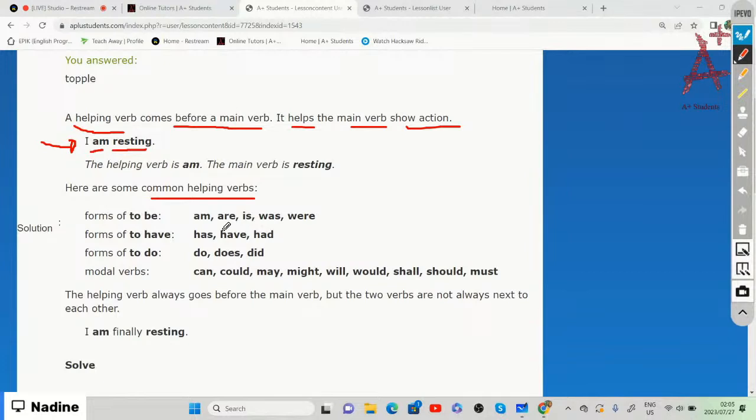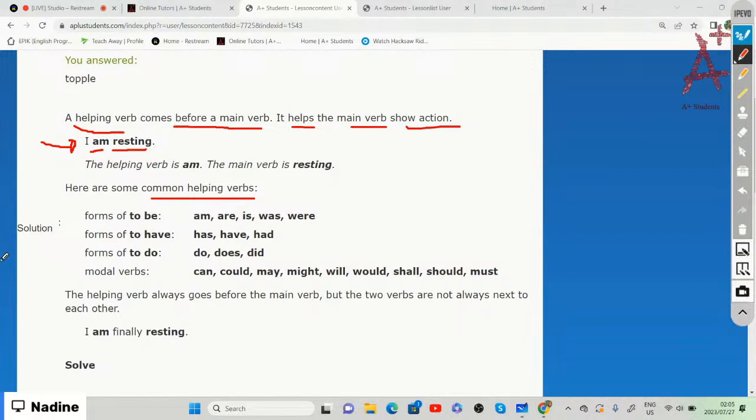And then we also have modal verbs, right? So the ones that form to be are am, which is almost like saying I am, are, it's like saying they are, is, it's like saying he or she is, was, he was, and were, they were. You understand? So these are the ones that form to be, which is am, are, is, was, and were.